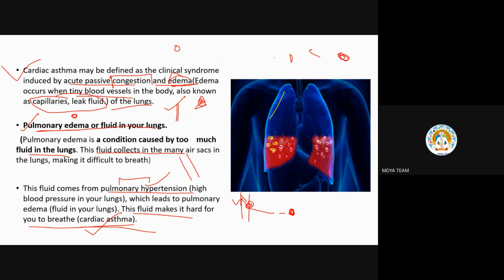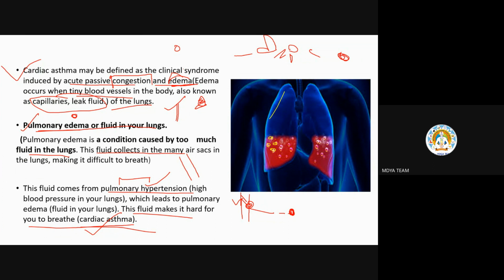When congestion and edema formation happen in the lungs, they hinder the oxygen travel, and breathing becomes much more difficult for us. Then our heart will not be able to meet the actual demand of the body for oxygenated blood.